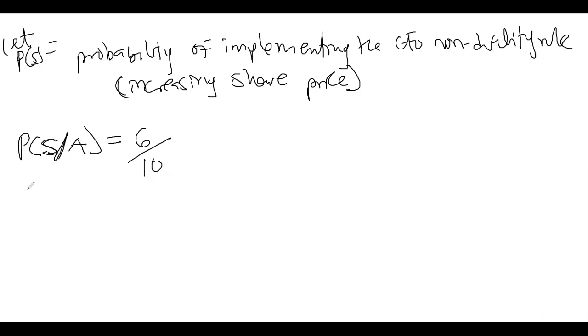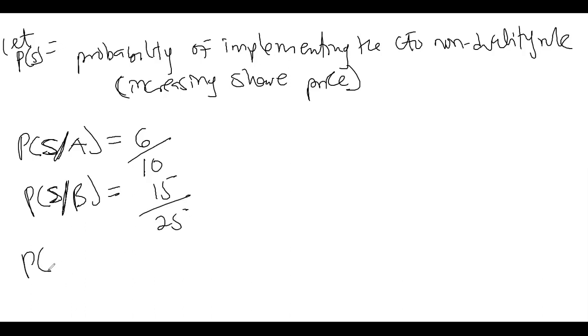Then the question says that 15 4-star firms have increased their share price. So the probability of share price based on the fact that it is a 4-star firm, which is B, is equal to 15 out of the total of 25.